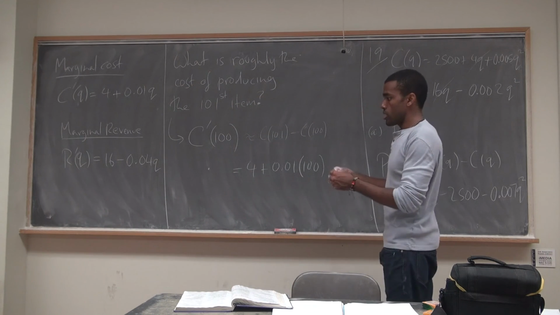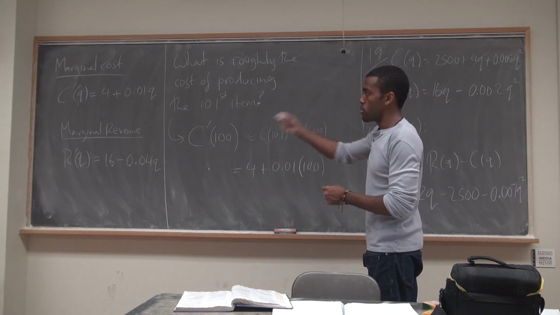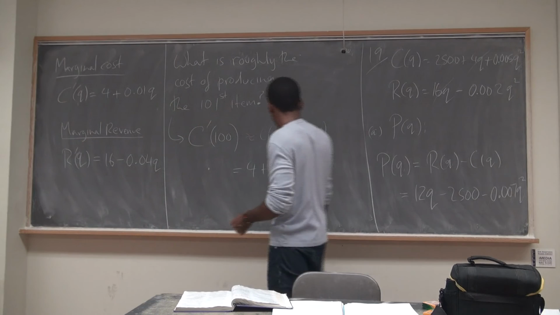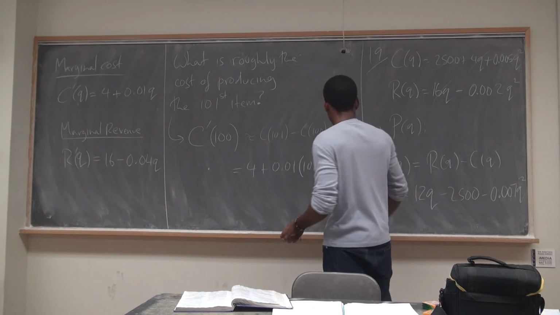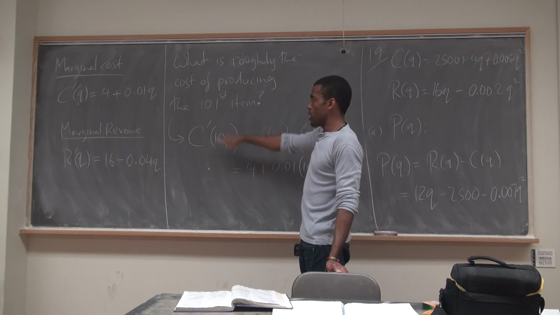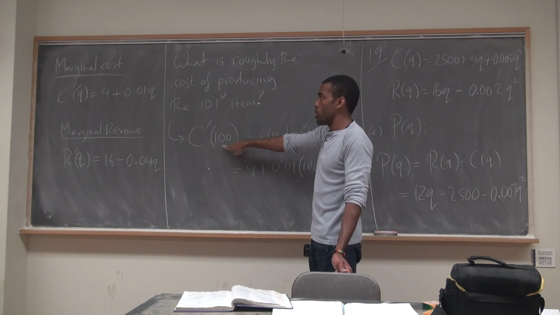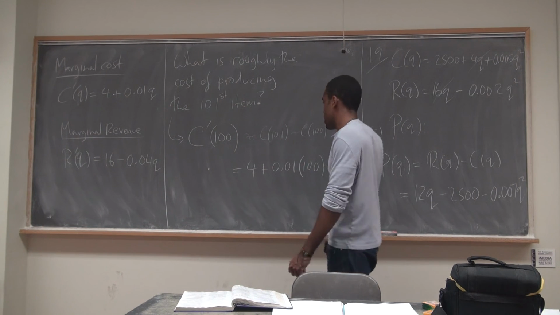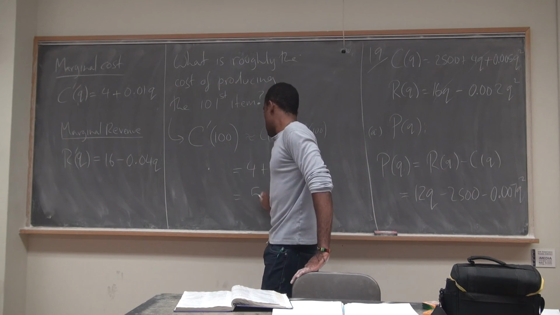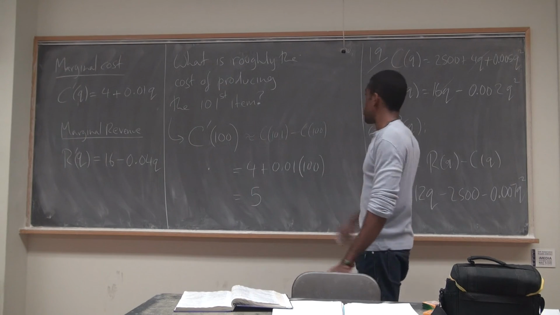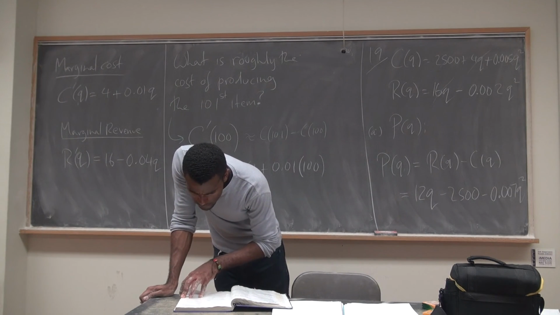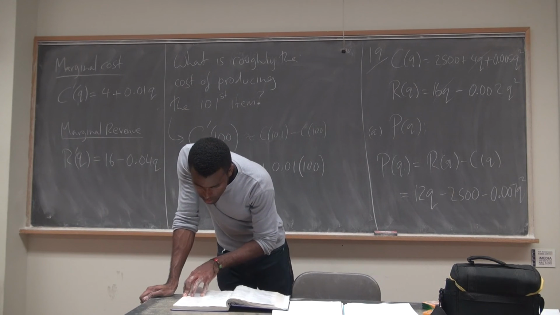Remember, the marginal cost is the approximate cost it will take to produce one more item, given that you've already produced 100 items. So if I want to know how much it's going to cost to produce the 101st, look at the derivative at the 100th. That's approximately what it's going to cost me to produce that 101st one, which is $5.